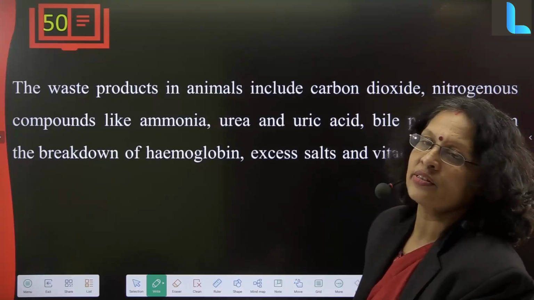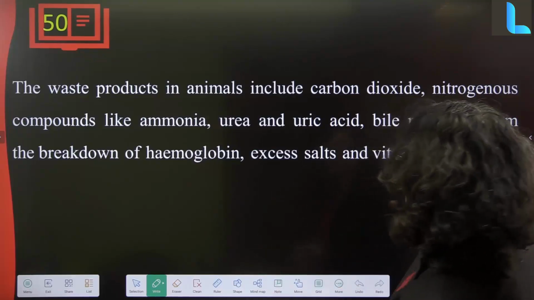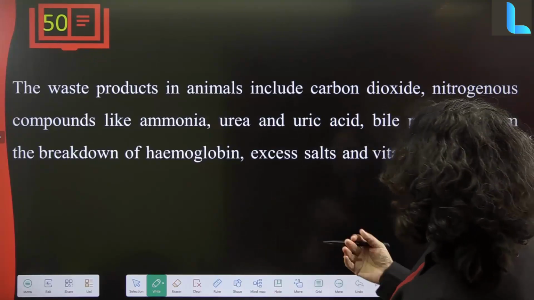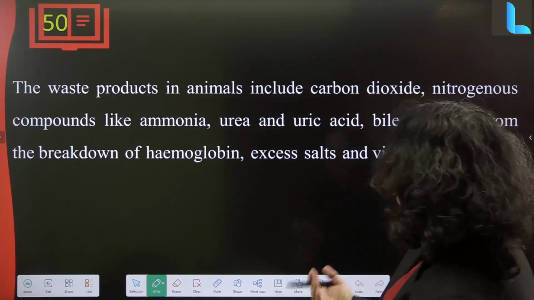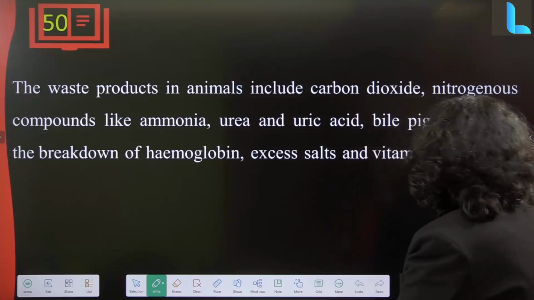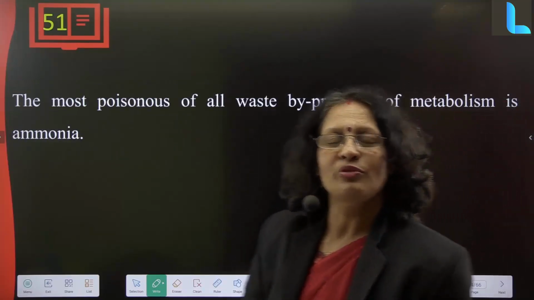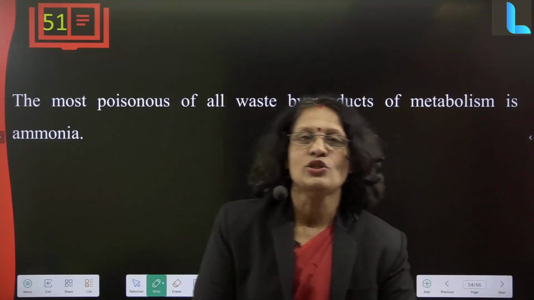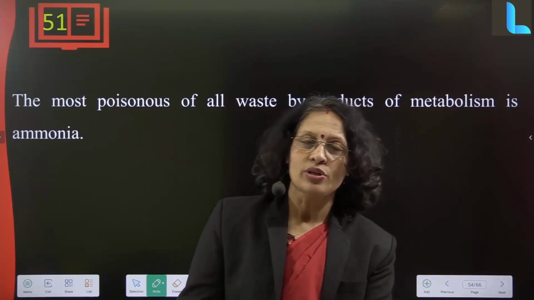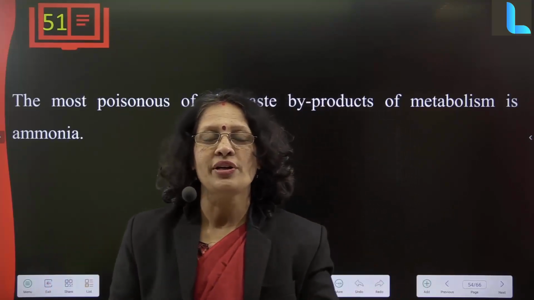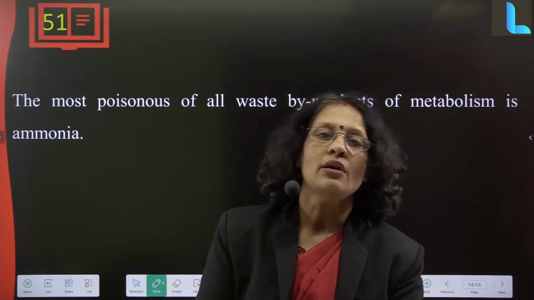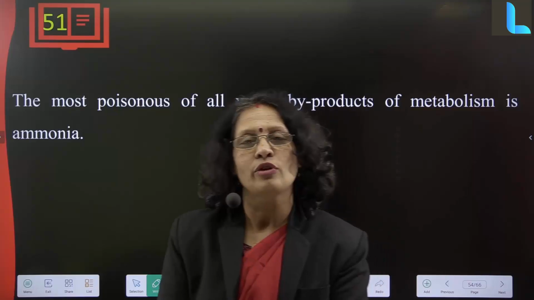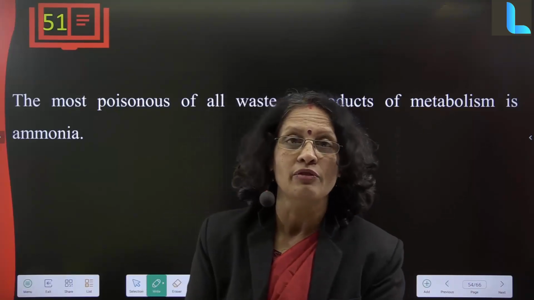Then the waste products in animals include carbon dioxide, nitrogenous compounds like ammonia, urea, uric acid, and bile pigments from the breakdown of hemoglobin, excess salts and vitamins. Like I have told you before also, we require the digestive system to digest the food, and the circulatory system to circulate everything via blood, because blood plays a very important transport part in our body.